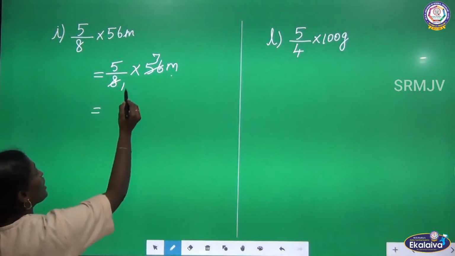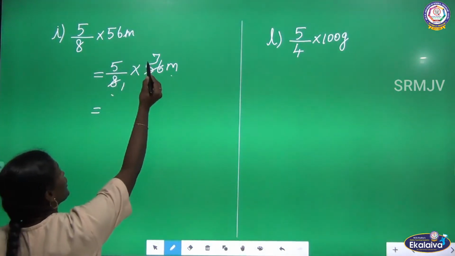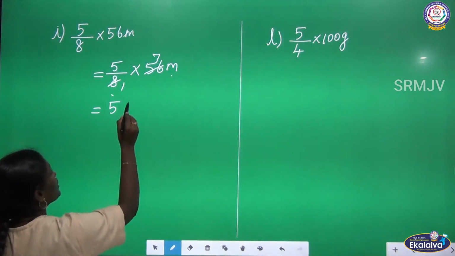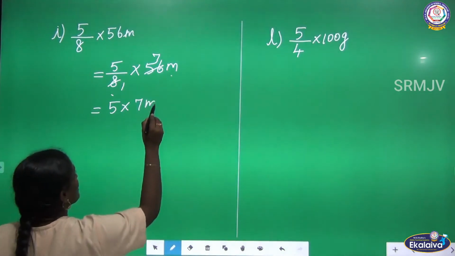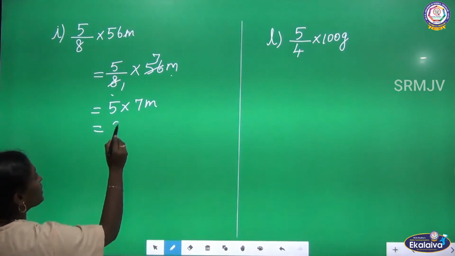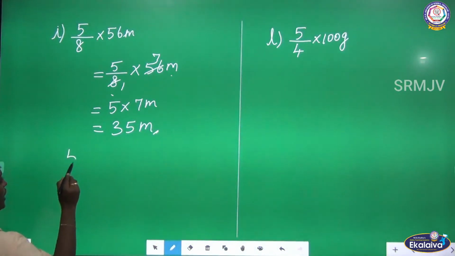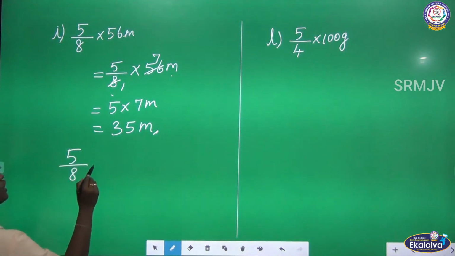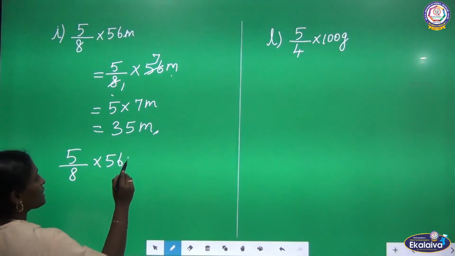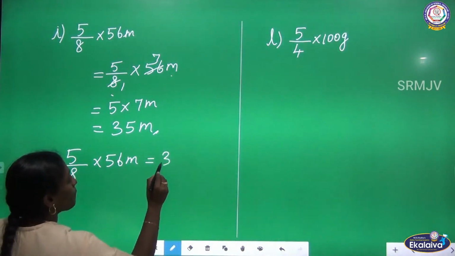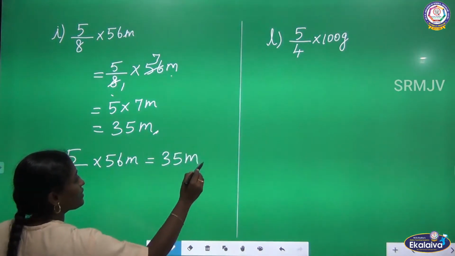Okay. Now in the denominator we are having 1 alone. In the numerator 5 into 7 meter. 5 sevens are 35. So that is 35 meter. So 5 by 8 into 56 meter is equal to 35 meter.